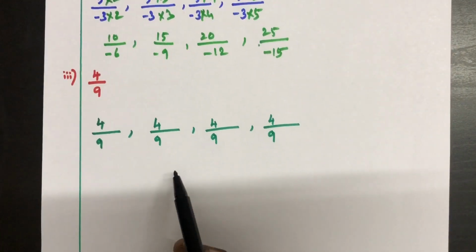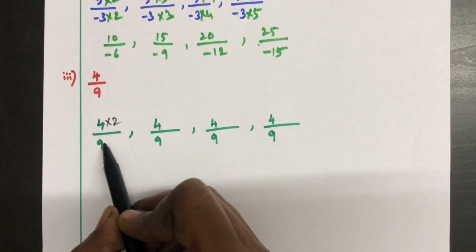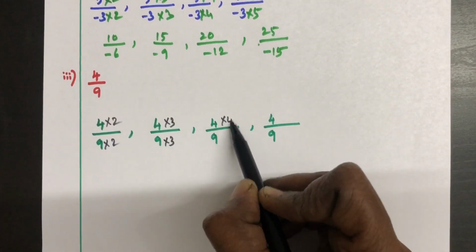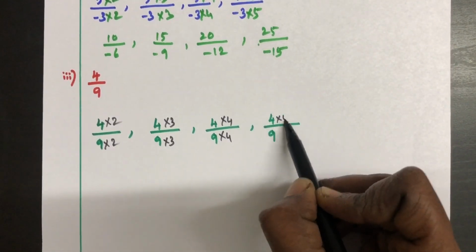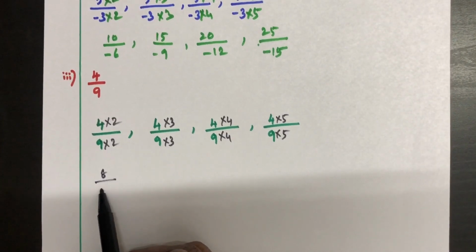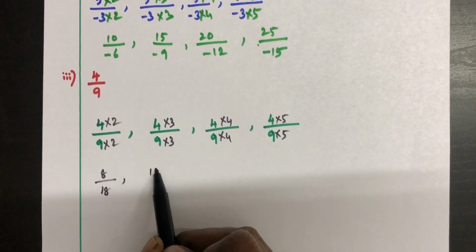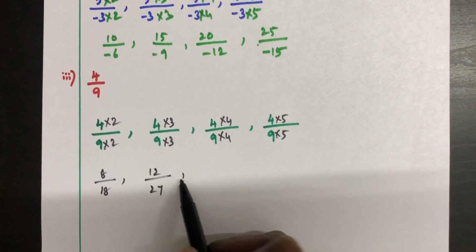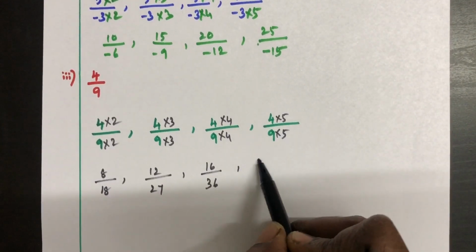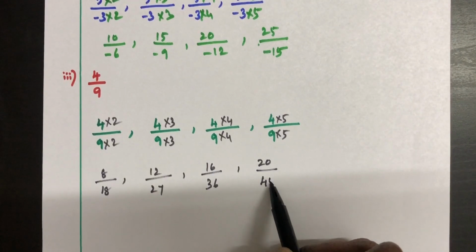Here also we are going to give equivalent things. So multiply by 2, 3, 4, 5. So what are they? This is 8 by 18, 12 divided by 27, 16 divided by 36, 20 divided by 45.